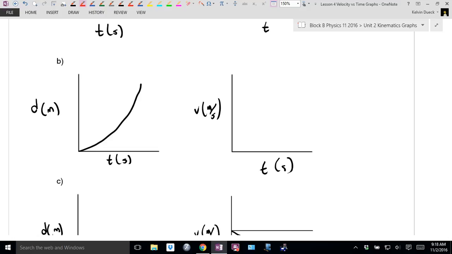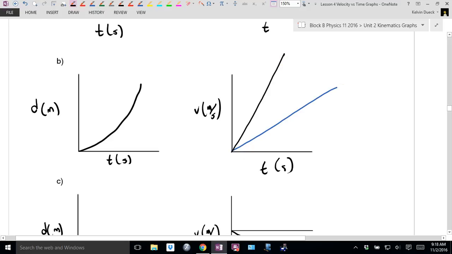How would I show that? Again, if you drew your line, Zach, like that, I'd give you full credit because we don't have the ability or the math skills to actually say how fast it's speeding up, what the acceleration is. Or if you drew your line like that, I'd give you full credit, but definitely a velocity that's increasing.